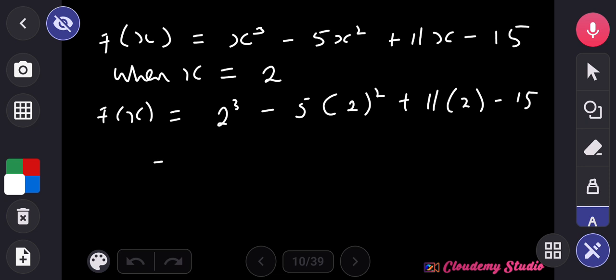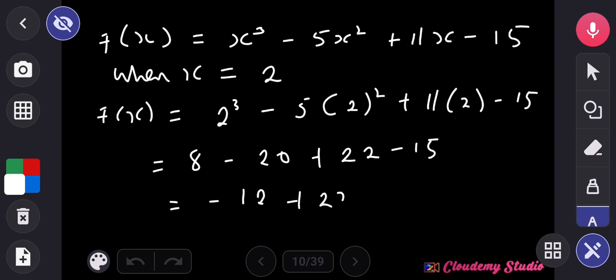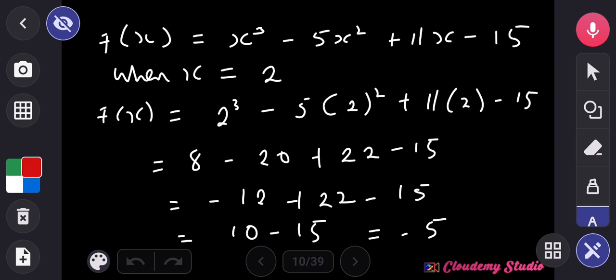That gives us 8 minus 20 plus 22 minus 15. 8 minus 20 gives minus 12, 22 minus 15 gives 7, and minus 12 plus 7 gives minus 5, which means at x equals 2, f of x equals minus 5. That is basically what we are trying to see. And remember that if you are dealing with this, you can also plot the graph as well.